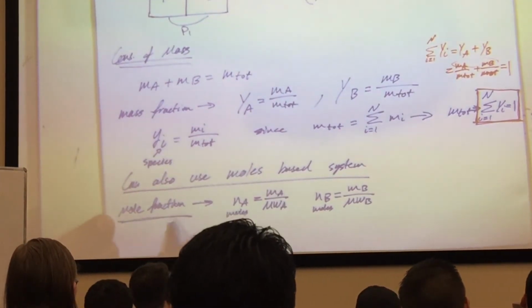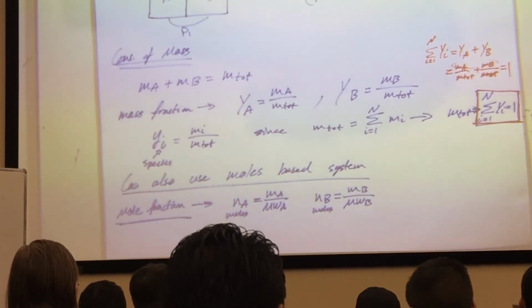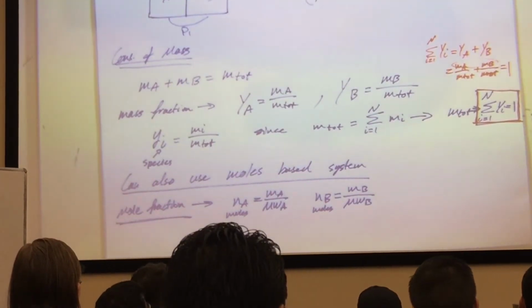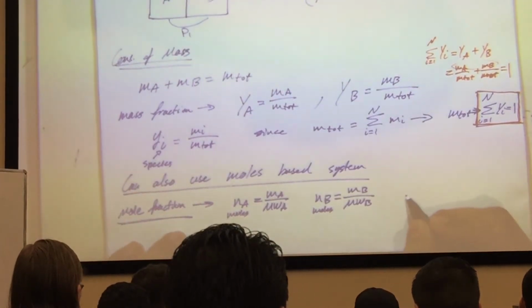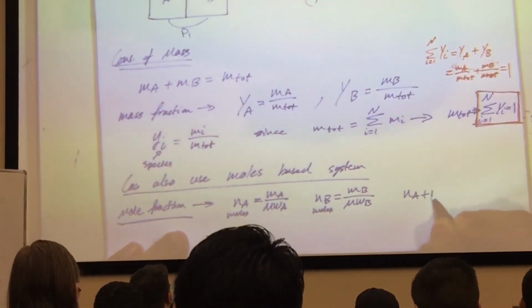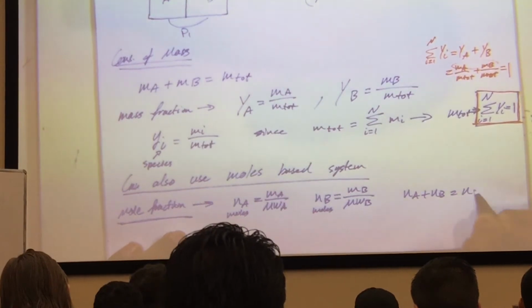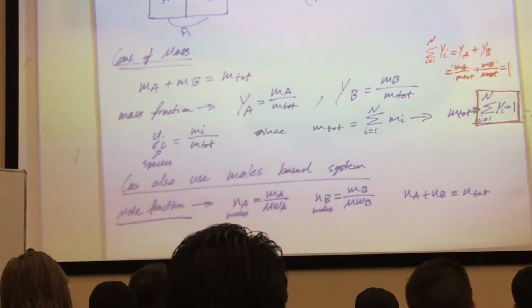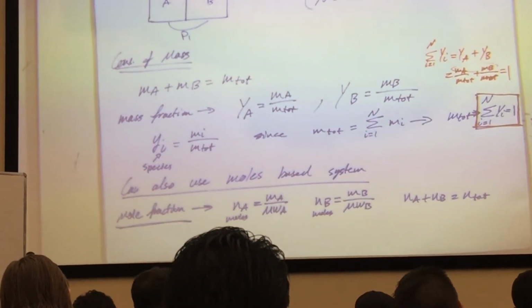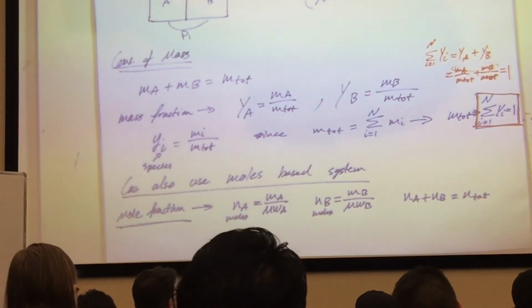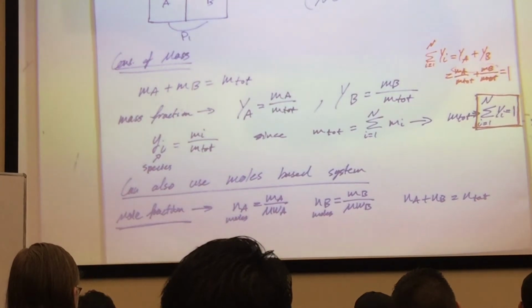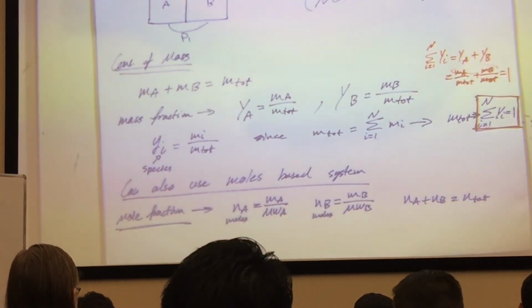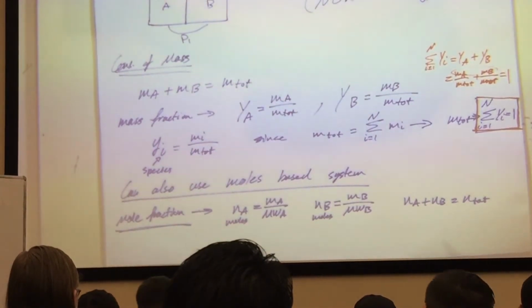So to get the mole fraction, I just need the fraction of the number of moles relative to the total. It turns out that NA plus NB is equal to N total, same principle as we did with the mass. If I have 2 moles of oxygen and 1 mole of hydrogen, the total summation is just some number of moles.